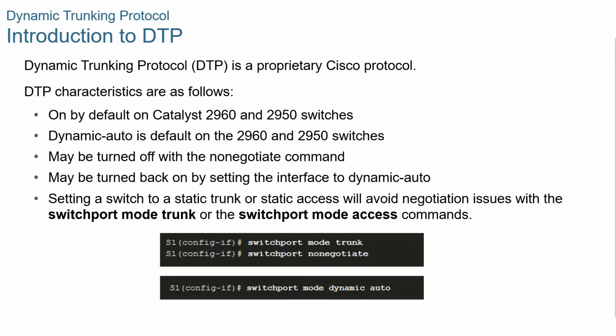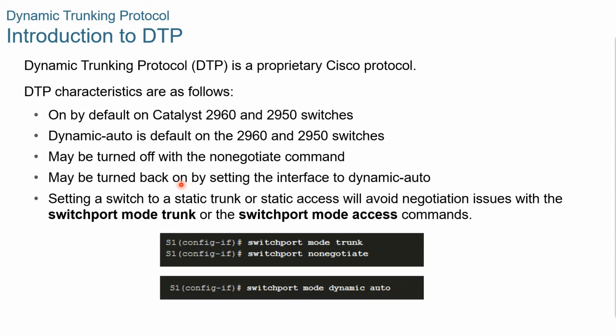All right. You have to take note that some internetworking devices might forward DTP frames improperly, which can cause misconfiguration. To avoid this, turn off DTP on Cisco switch interfaces that are connected to devices that do not support DTP.